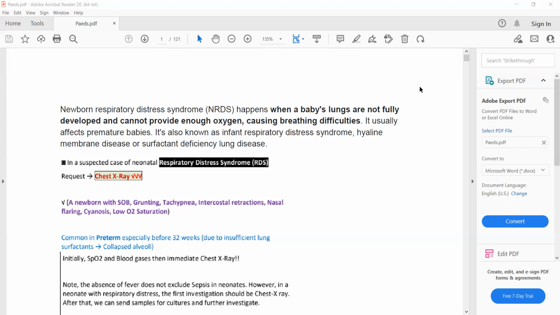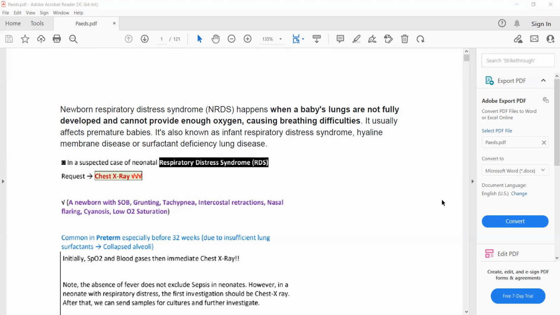When a baby is born before 32 weeks of gestation, enough surfactant is not produced in the lungs to keep the lungs open. So due to deficiency of the surfactant, the alveoli collapse and the newborn baby develops respiratory distress.